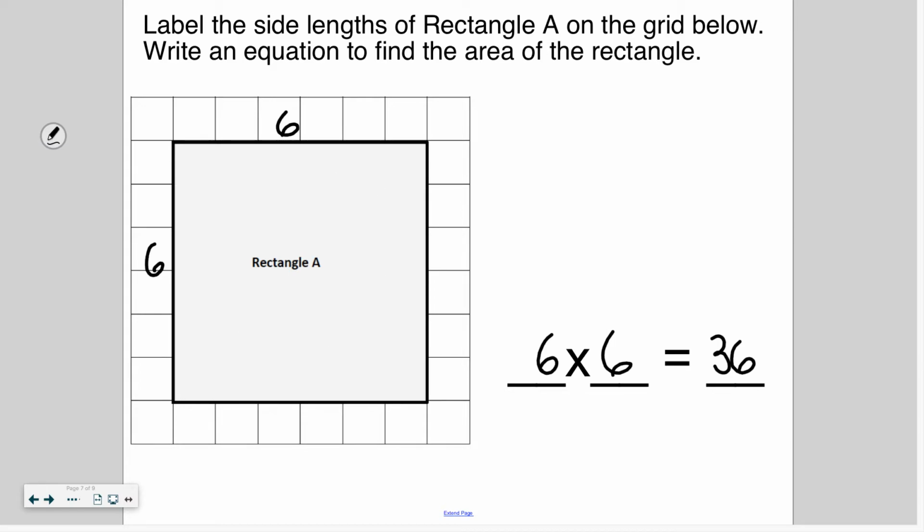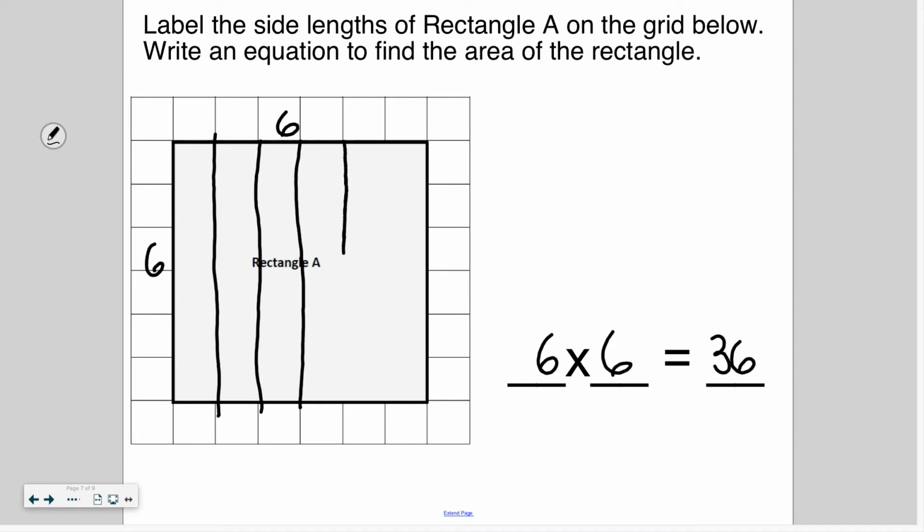Now, if you have a problem like this, I know we're doing everything on the computer, so it's going to be a little harder to do it, but if you had a physical copy, you could extend the lines so that you could see the boxes inside. And it's best if you did it with a ruler or some type of straight edge, because notice how my lines are not very straight. But I already know the answer, so I'd want you to do it with a ruler.